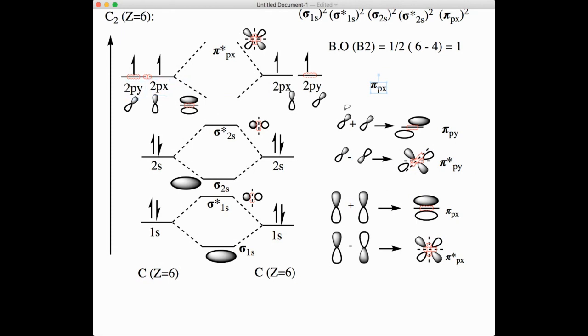Combining 2py and 2py leads to two molecular orbitals, pi py, pi antibonding py. Okay, so they are gonna have the same energy level. So it would be something like this.